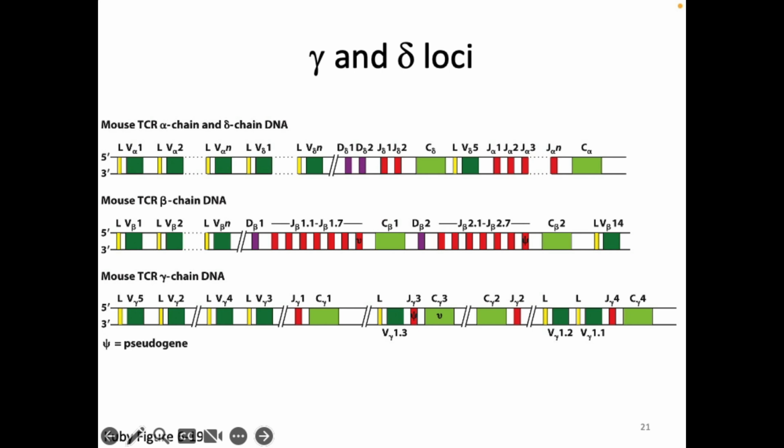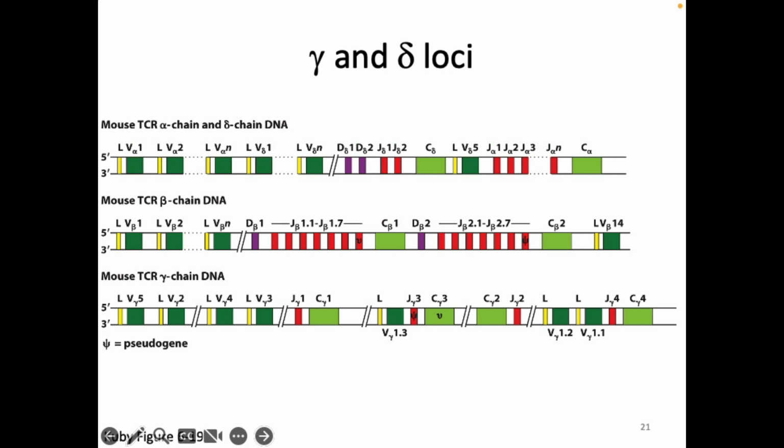When we do that, what happens with delta? It's cut out. So if you try to do VJ rearrangement of the alpha chain, you throw away delta.